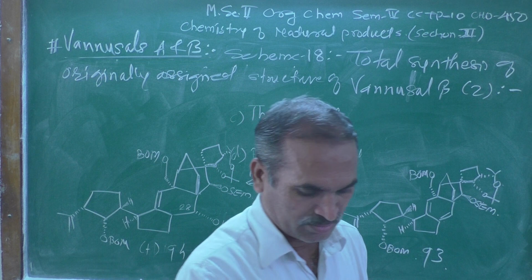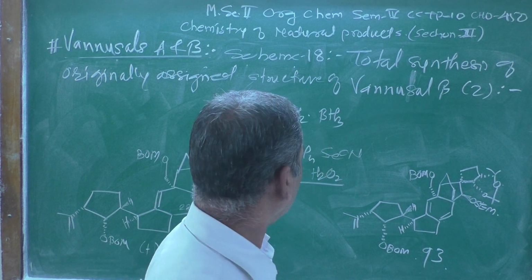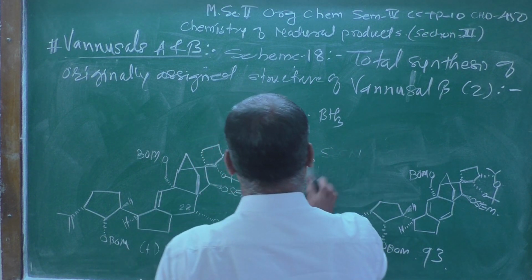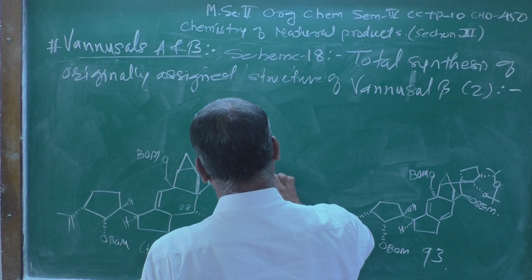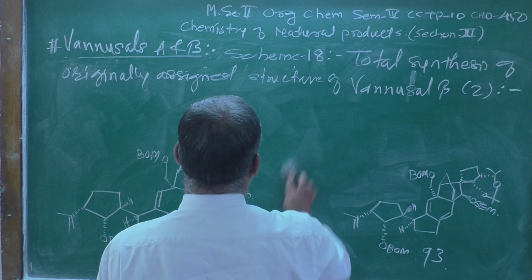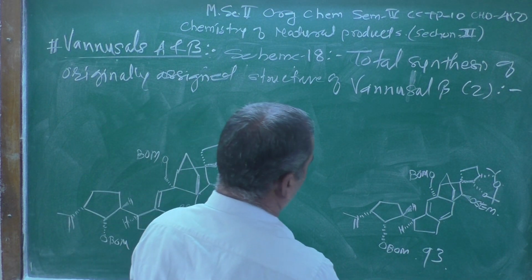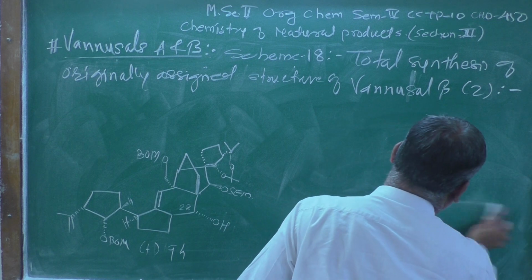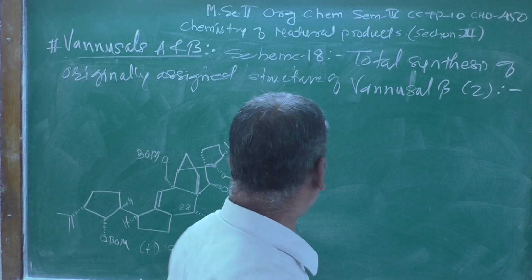And now when this compound is treated with another reagent, keep your concentration over here like this, and after that I am inverting the arrow. You can see these arrows here.